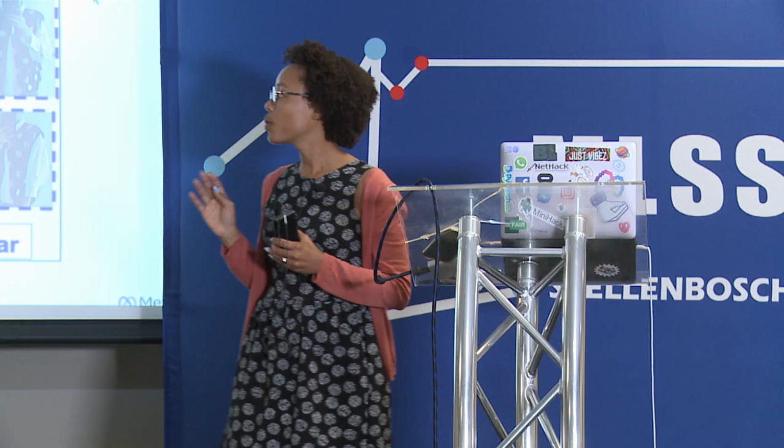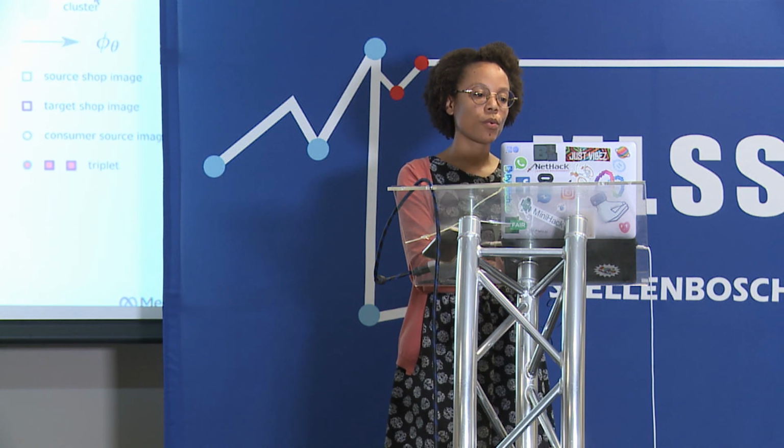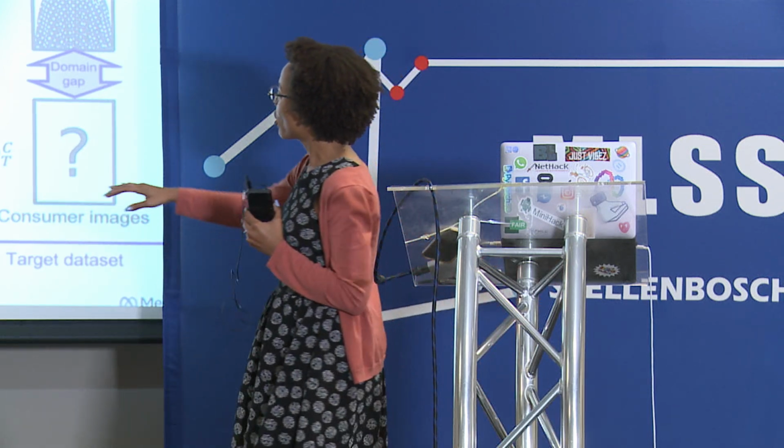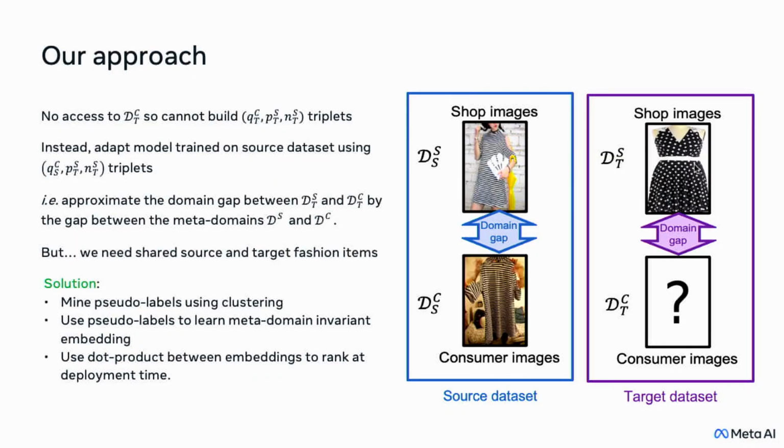Then we trained it on a source data set. This data set's not a billion images, but it's not bad either. So we adjusted it to the domain of consumer items.